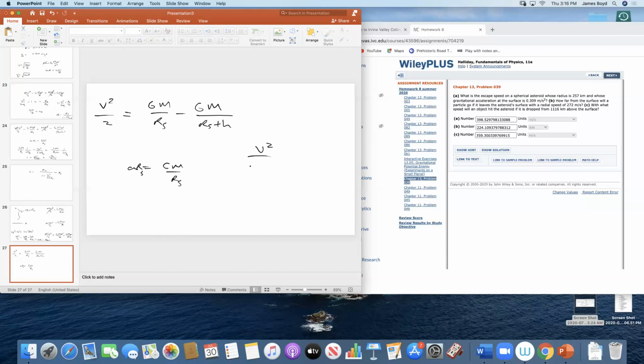So v squared over 2a r to the surface is equal to, and since this is the same, 1 minus r to the surface over r to the surface plus h. You could leave this as gm over r to the surface, but it's ar squared. Now, that means that v is the square root of 2a r to the surface times 1 minus r to the surface over r to the surface plus h.